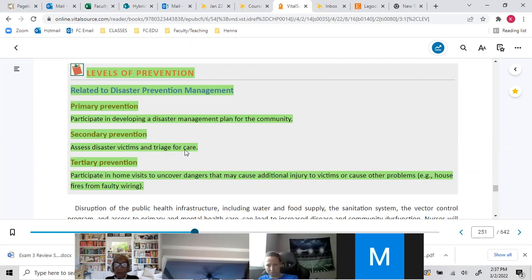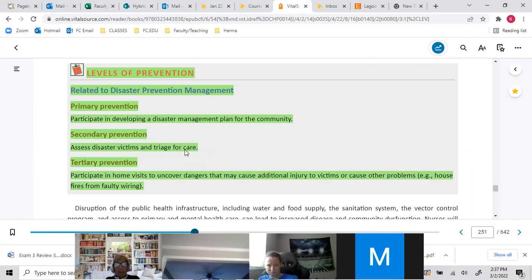Yep, it's coming up with a plan. Nothing's happened yet, but we're coming up with a plan, and then we're trying to educate whomever this disaster plan is for. Is it for your hospital employees? Is it for your workplace? Is it for wherever your workplace is?